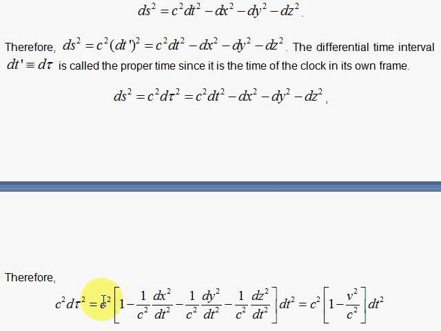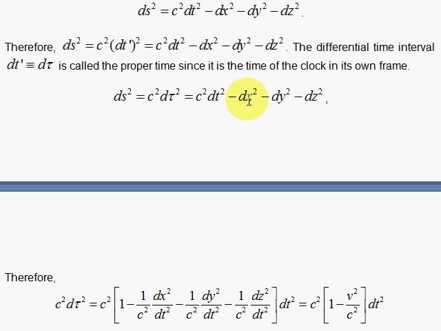Now we factor out the c squared from the first term, and the dt squared we're going to pull out to the right, and the c squared we'll pull out to the left. Then what's remaining is 1.